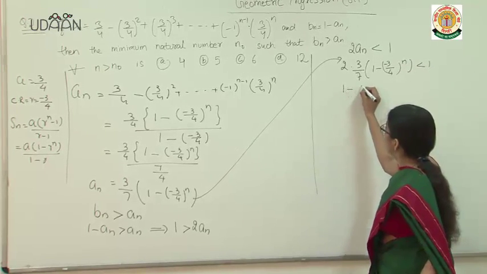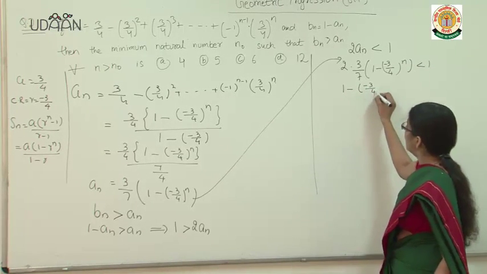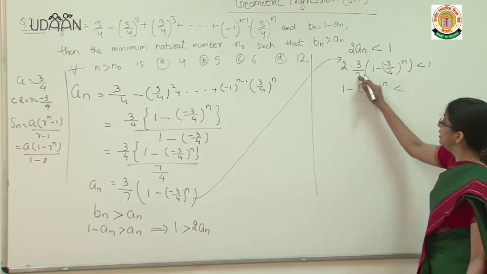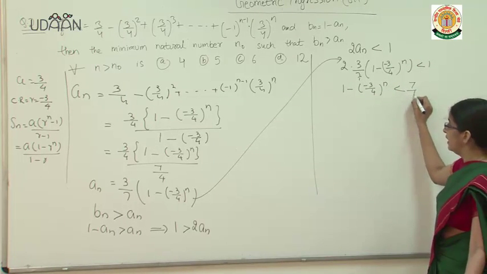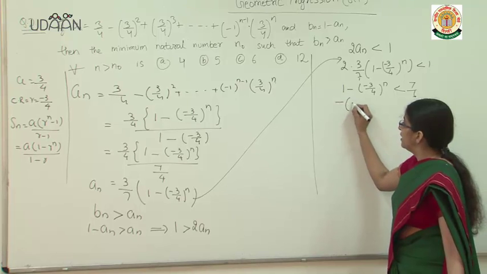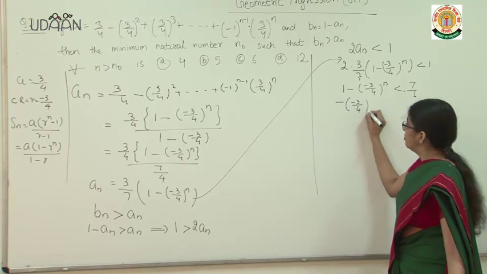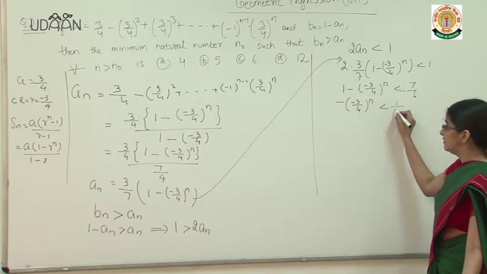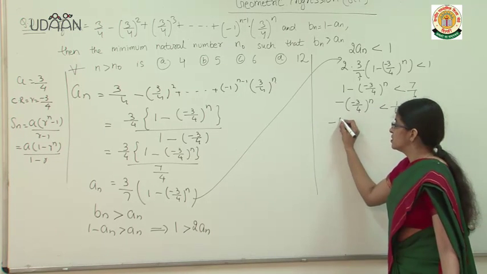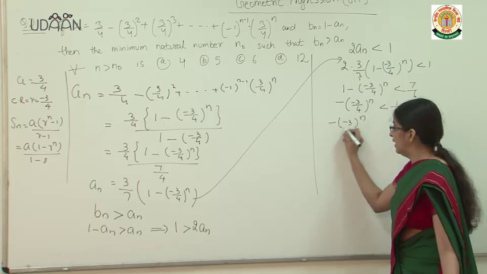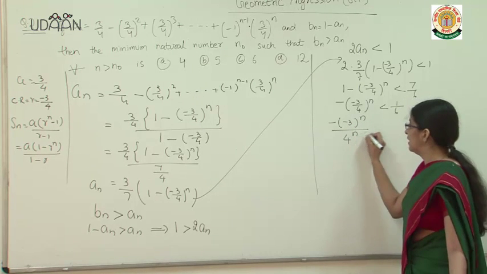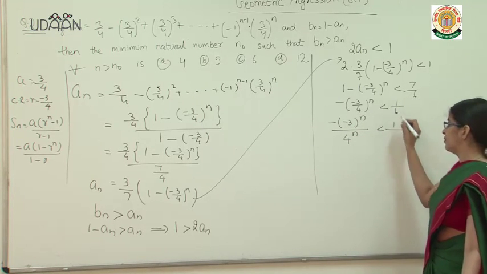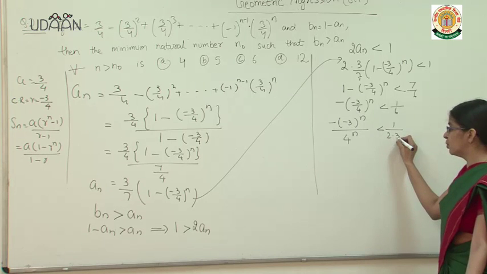That is, 1 minus (−3/4)^n is less than 7/6, or minus of (−3/4)^n is less than 1/6, which is minus of (−3)^n divided by 4^n less than 1/6. I can write 6 as 2 into 3.